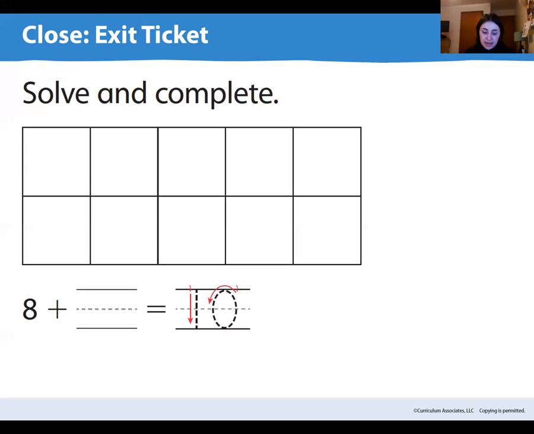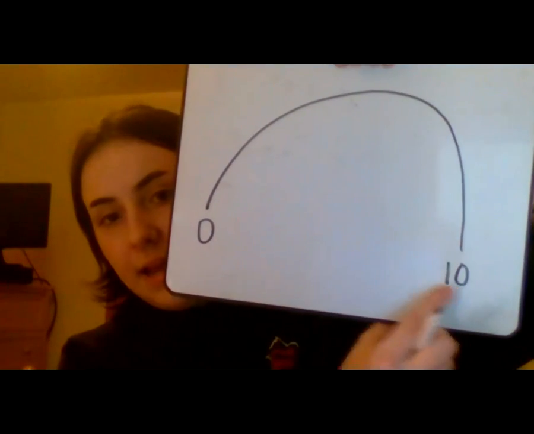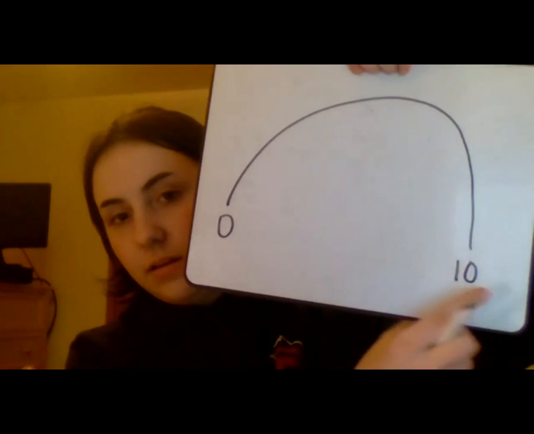When it comes to making a 10, you'll notice that a lot of the numbers that we end up using are the same. That's because these are in a number family together. So we know that there's a couple numbers together that would equal 10. So let me draw out a rainbow for you guys. We know that 10 plus 0 equals 10.